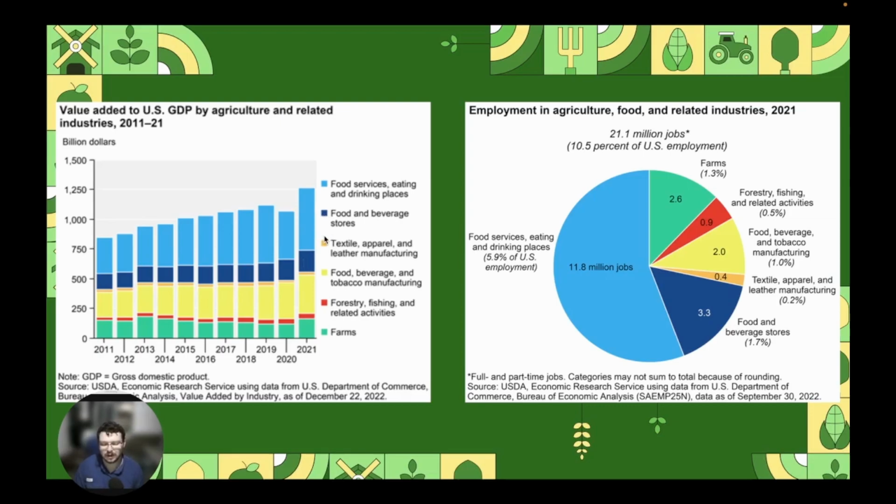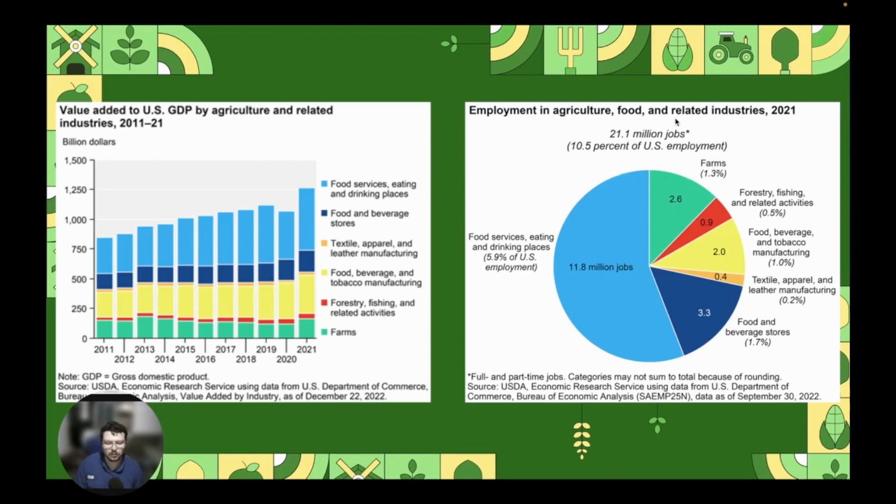And when we look at it from an employment perspective, you'll notice that approximately 11.8 million jobs in the United States are food service related, so restaurants and bars and those things. Farms only make up 2.6 million jobs, so that's about 1.3% of the U.S. economy.